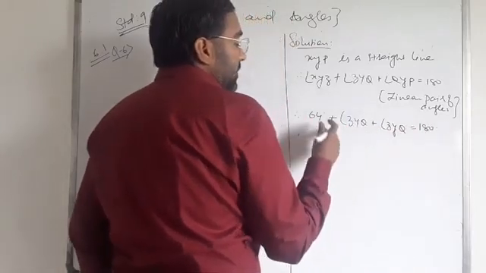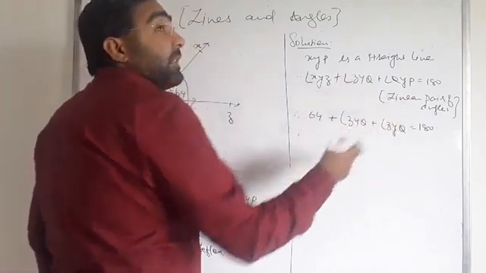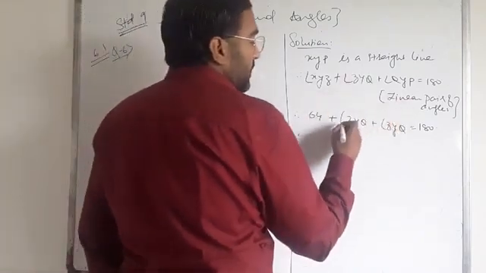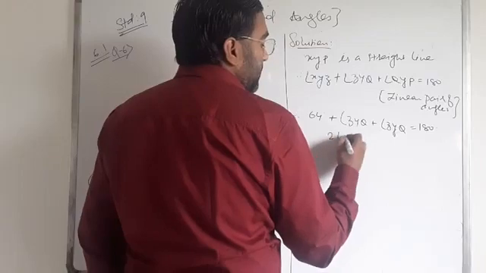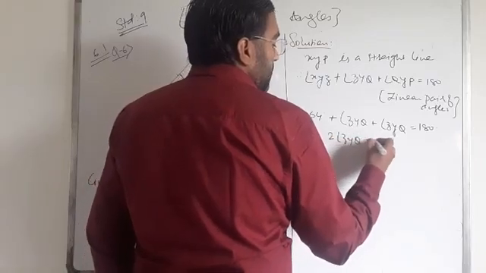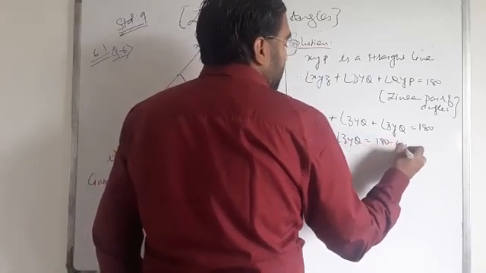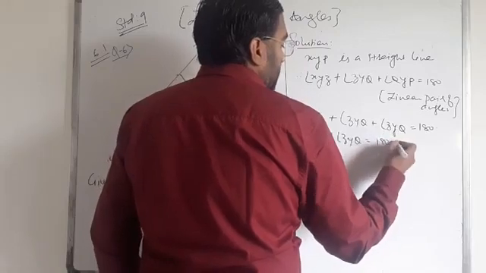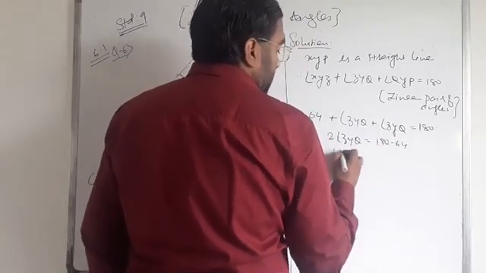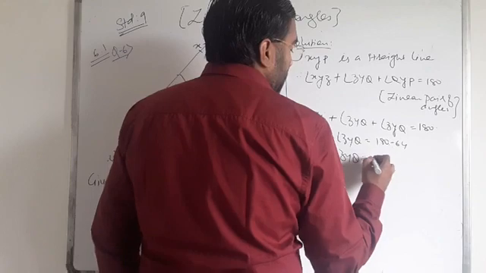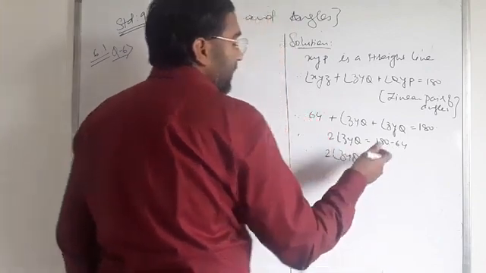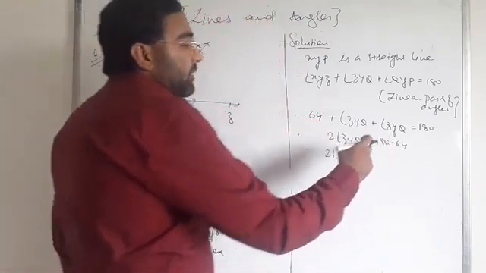Now 64 is shifted to the other side, so 2 times ZYQ is equal to 180 minus 64.